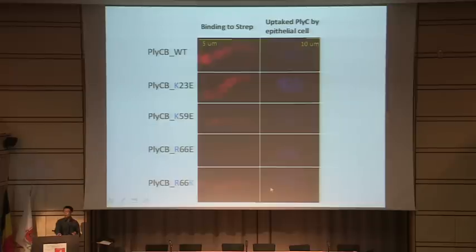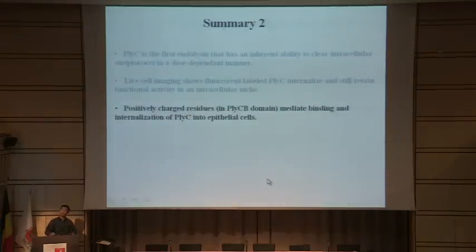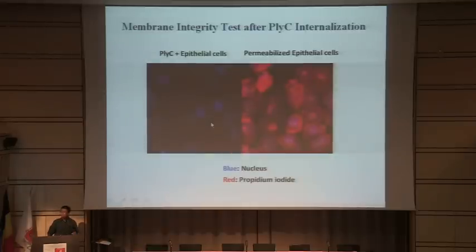And now you see a little bit, they regain their internalization activity. So the summary for this part, the positive charge residue of PlyC-B does mediate the internalization to give this enzyme go intracellular, penetrating into the epithelial cells.